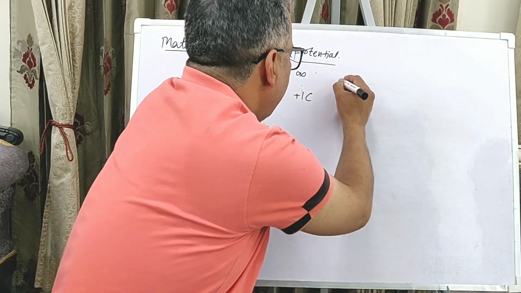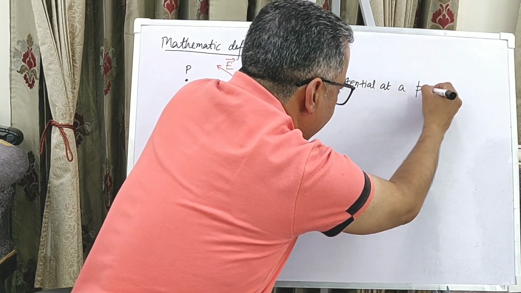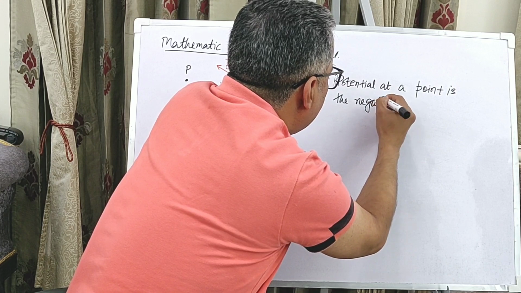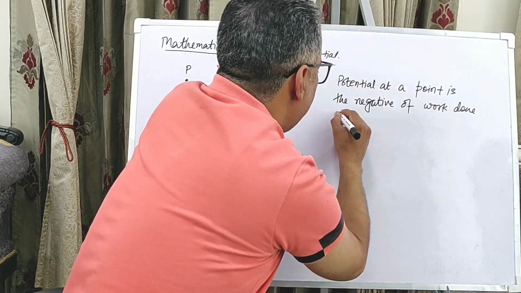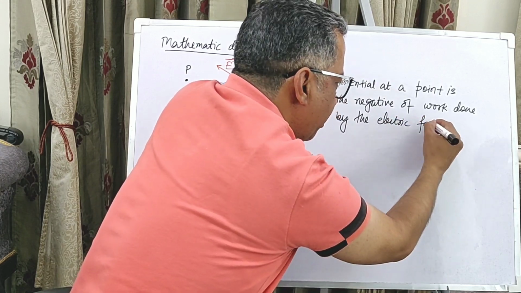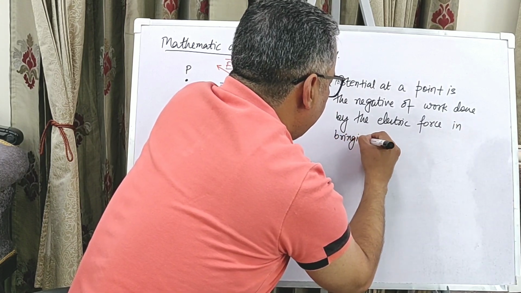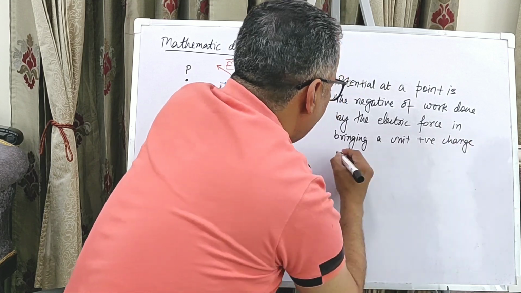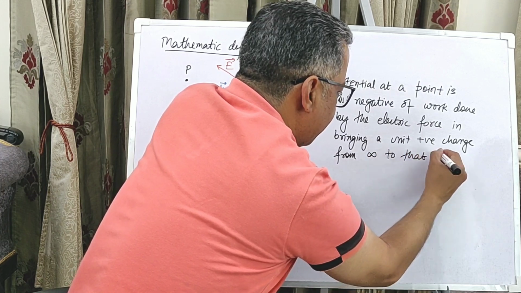So potential at a point is the negative of work done by the electric force or electrostatic force in bringing a unit positive charge from infinity to that point.